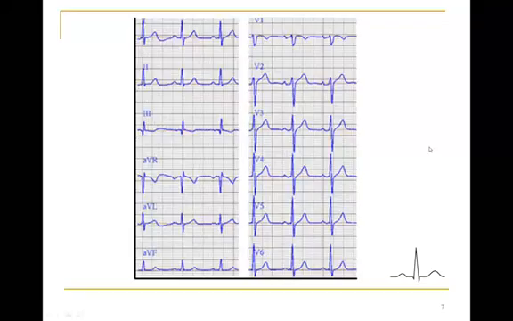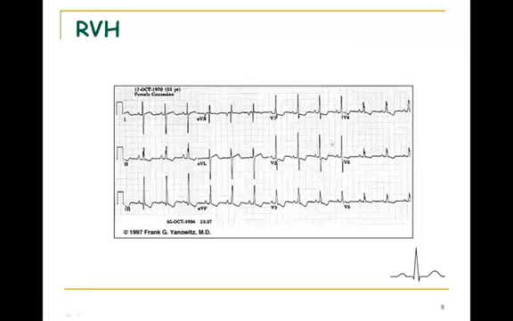Now I want you to look at the chest leads in someone with right ventricular hypertrophy. What do you notice here? That's not an S wave, that's a big R wave.